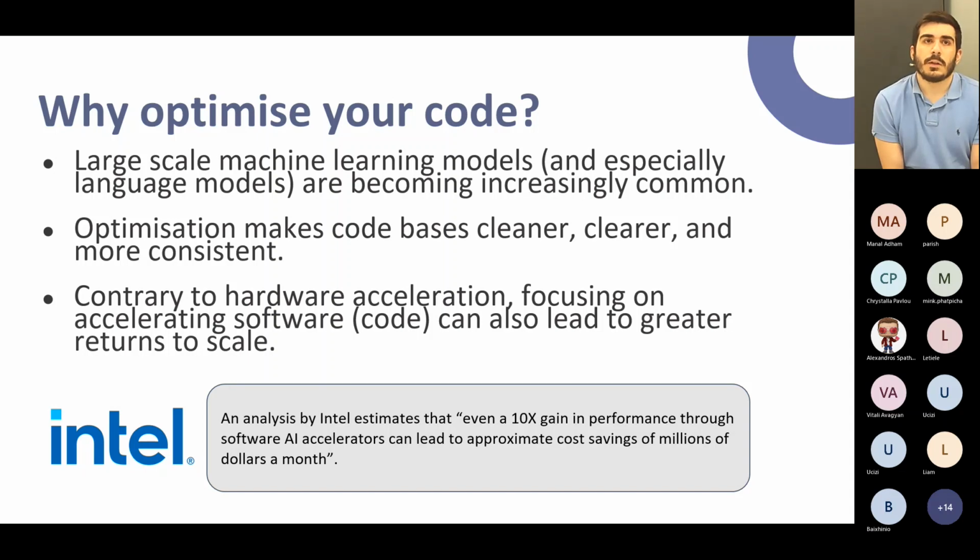So Intel says that even a 10 times gain in performance from AI accelerators can lead to cost savings of millions of dollars a month. So that could be ONNX, TVM, or any other framework that can boost the model speed.